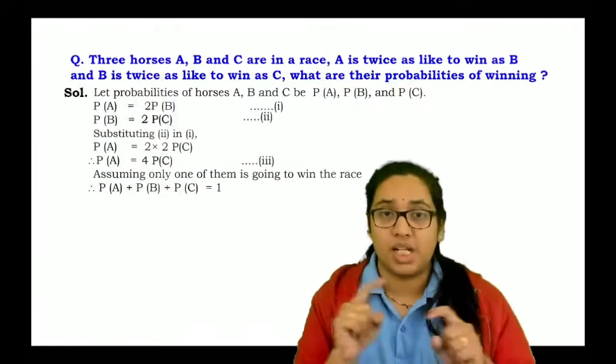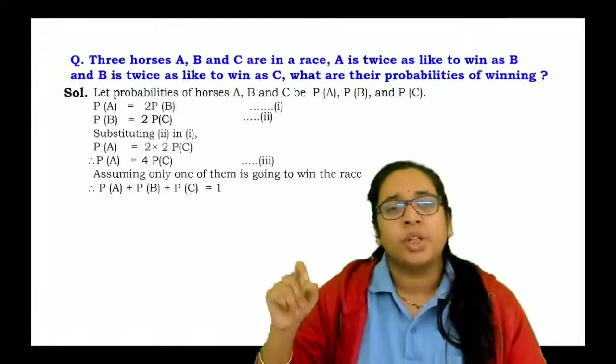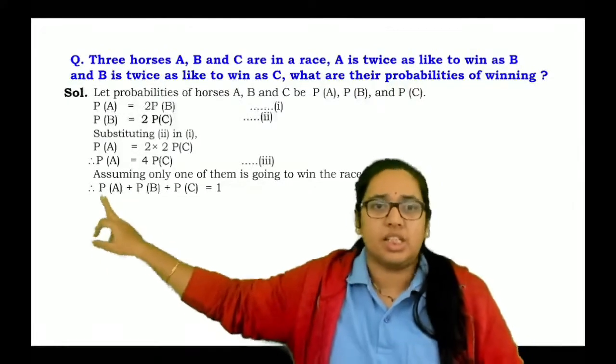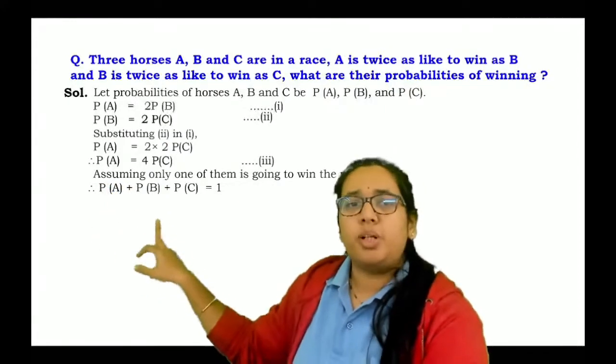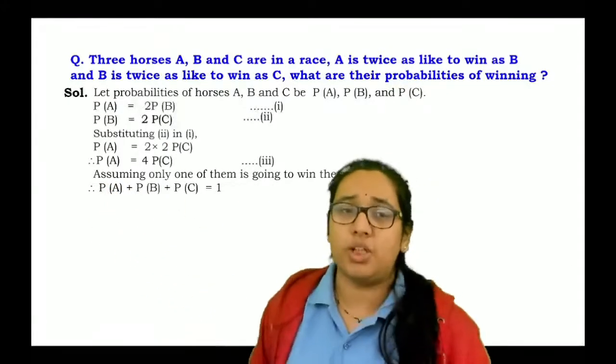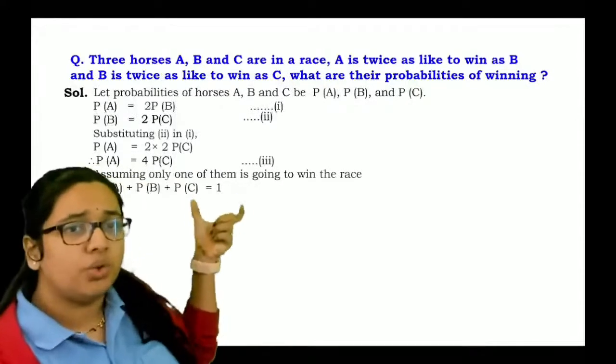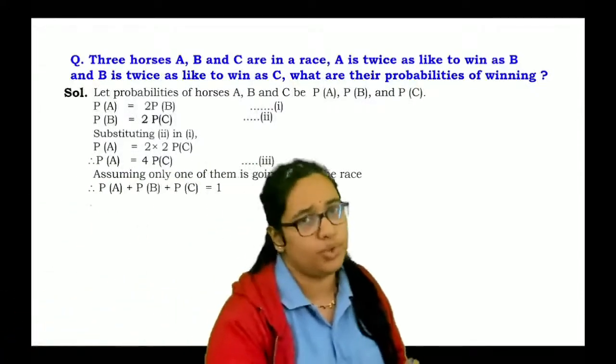Whenever there is a condition of or, you have to consider the addition sign, either this or this. So probability of A plus probability of B plus probability of C is equal to 1, because we are considering that only one of them is going to win the race.